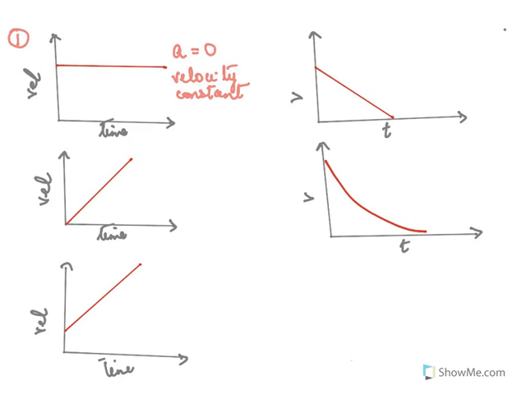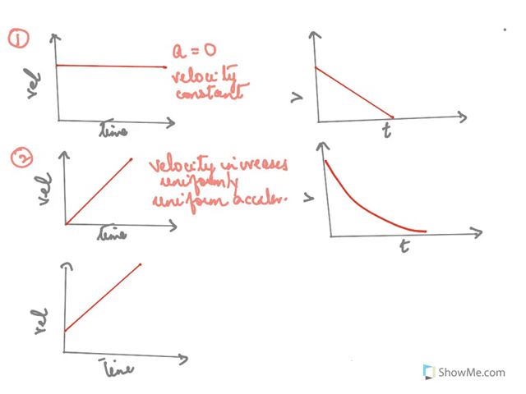Remember, it is moving with a constant velocity. In the second graph, the velocity is increasing uniformly. It's a straight line. So velocity increases uniformly. And if velocity increases uniformly, it must be uniform acceleration.